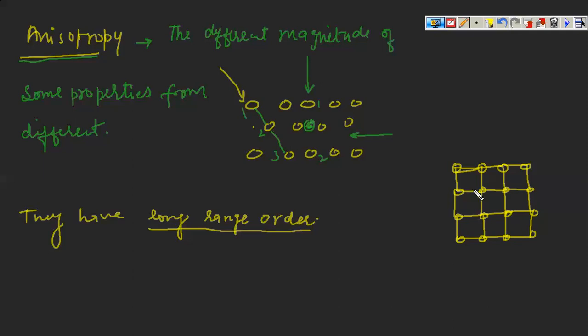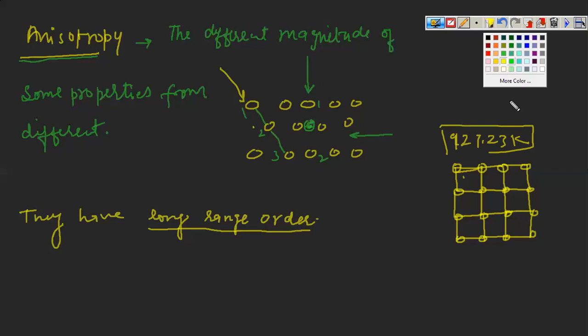See, suppose this region melts at 927.23 Kelvin. This particular region, what I am referring to, is melting at this particular temperature.